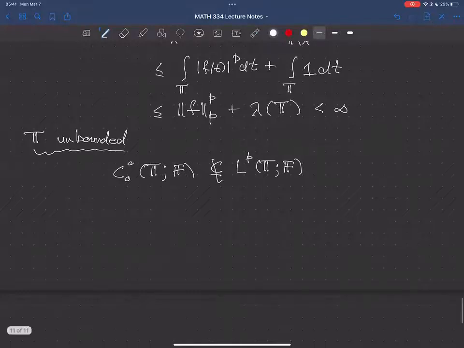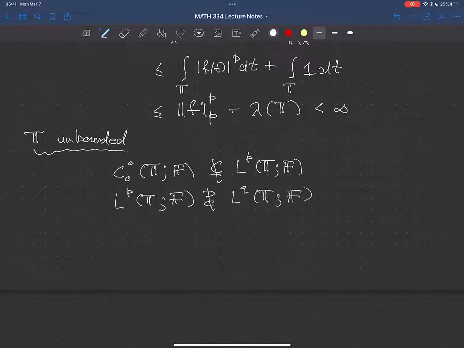And what about the LP and LQ spaces? There are no relations at all between those. Neither is included in either. In fact, you can find continuous things in LP and in LQ which violate these inclusion relations.